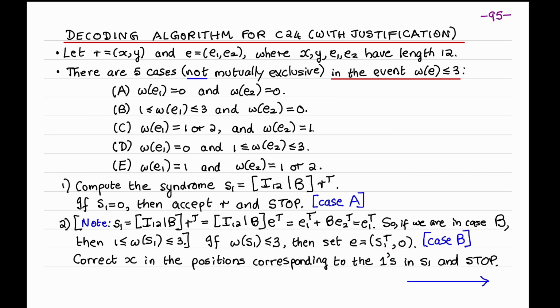If the weight of S1 is at most 3, then the weight of E is also at most 3. And this error vector has syndrome S1. That's the same syndrome as the received vector. And so if the error vector is of type B, then we will make the correct decision in step 2.